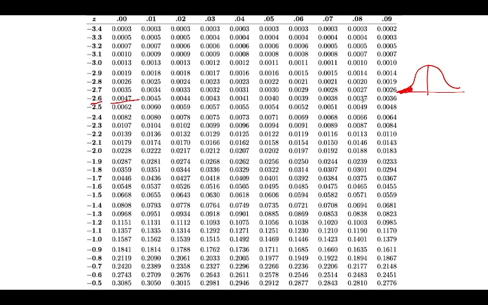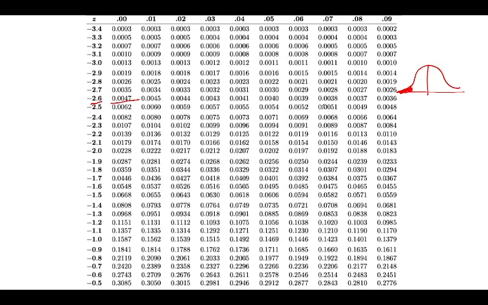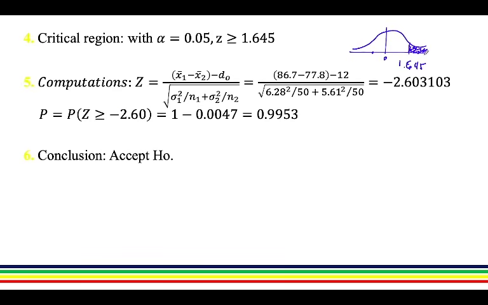And since we are looking for the area greater than or equal to negative 2.60, we just simply subtract 0.0047 from 1 and got a value of 0.9953, which is the area to the right of negative 2.60. Now, in summary, we will be accepting H0 in accordance with the calculations that we made, both in z values and p values.